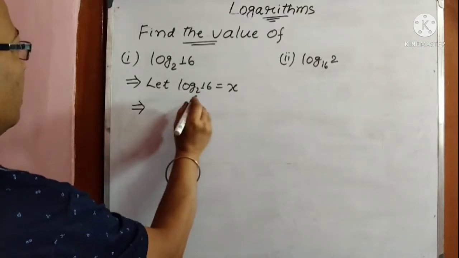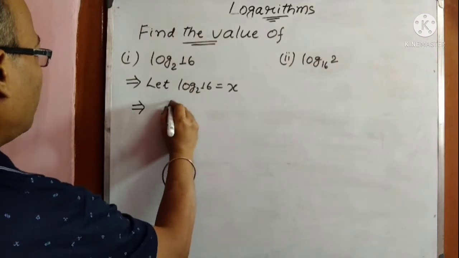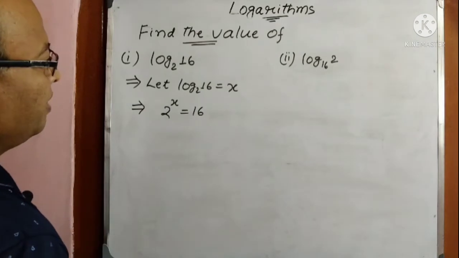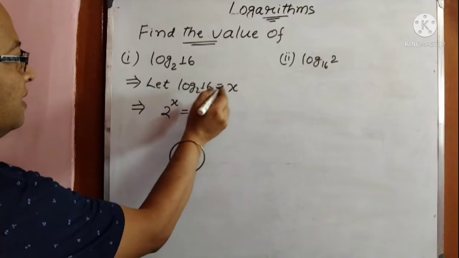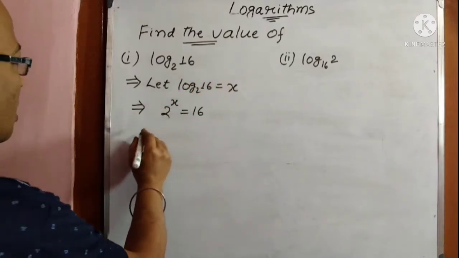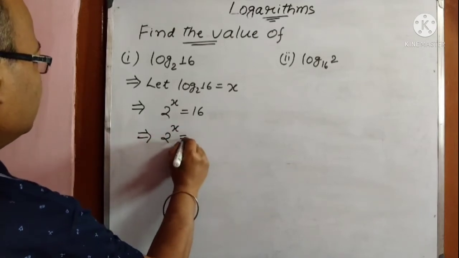So, this thing we can write as 2 to the power x is equal to 16. Clear? In the exponential form, this 2 will come up and 16 and x interchange. So, x has come over here and 16 is there.